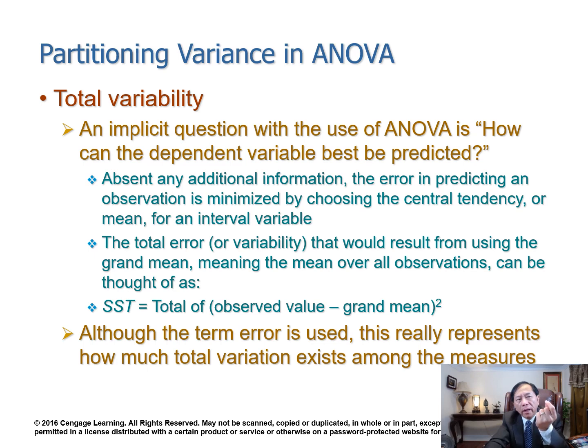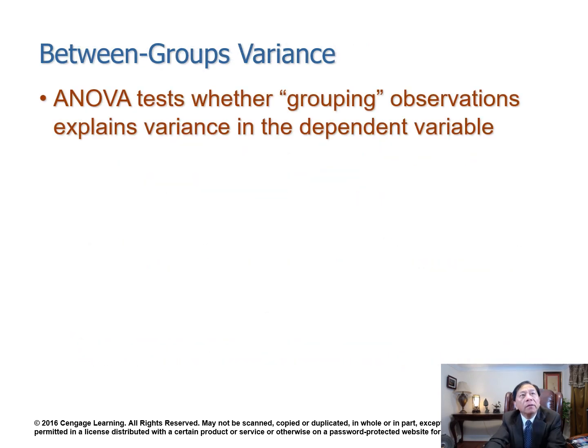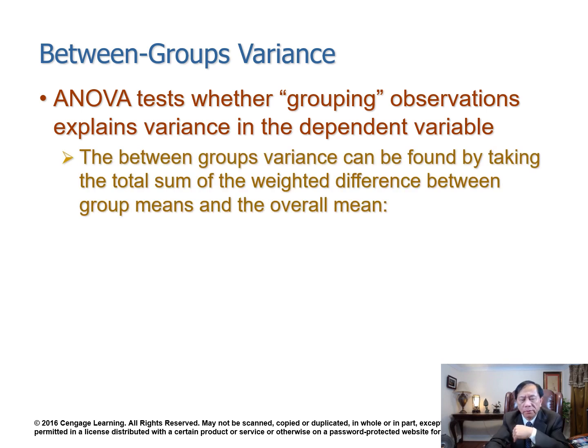Although the term error is used, this really represents how much total variation exists among the different groups. We are looking at the between group variance versus within group variance. ANOVA tests whether the grouping of observations explains variance in the dependent variable. If so, that means there's a difference between the groups, right?